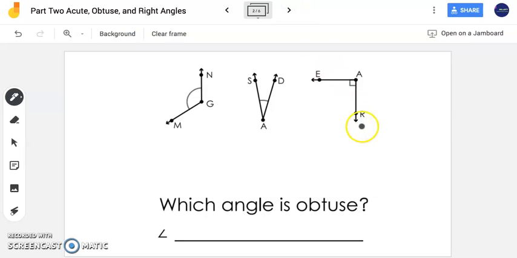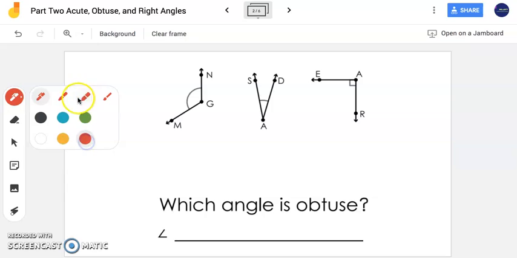The first problem you might see might look like this. It's asking you which angle is obtuse. As a reminder, an obtuse angle is an angle that is greater than 90 degrees. Now, looking here, we have angle MGN, or I can call that NGM. Looking at this angle, it does look like this is larger than 90 degrees.